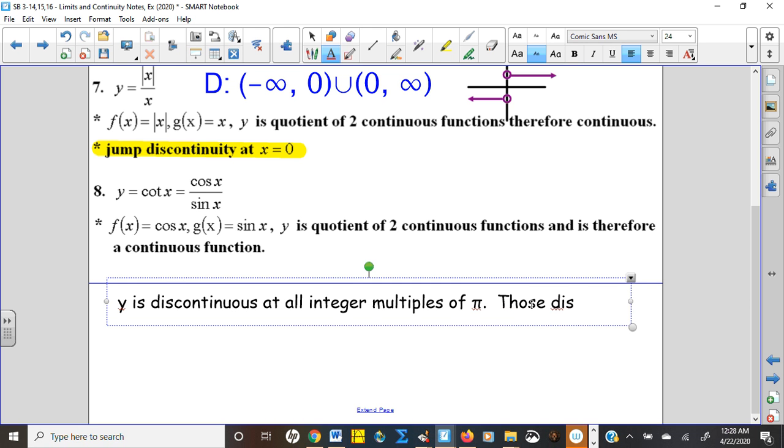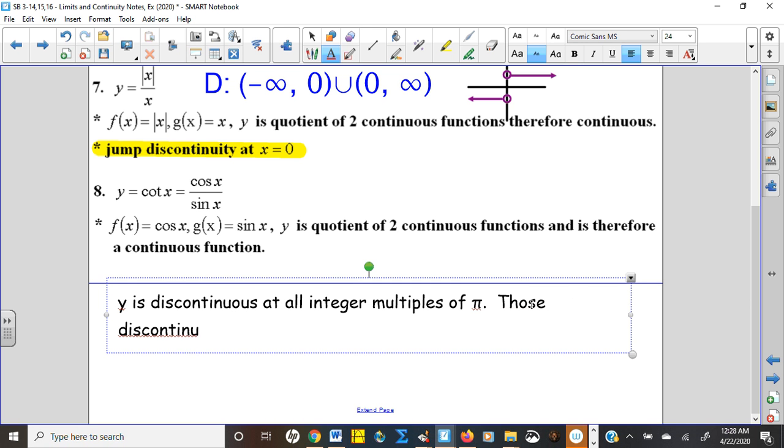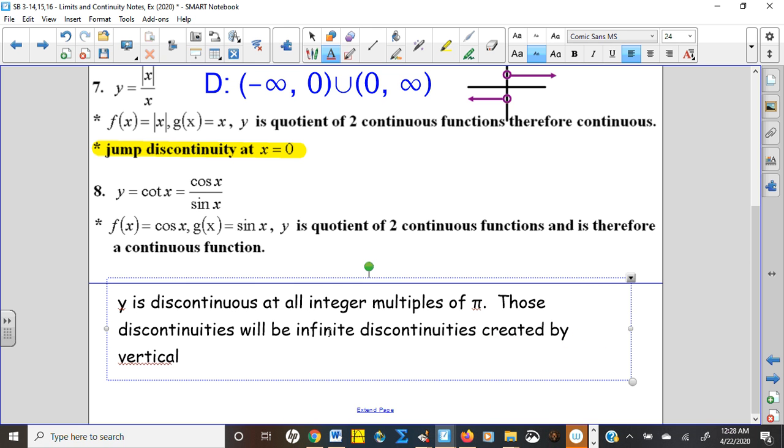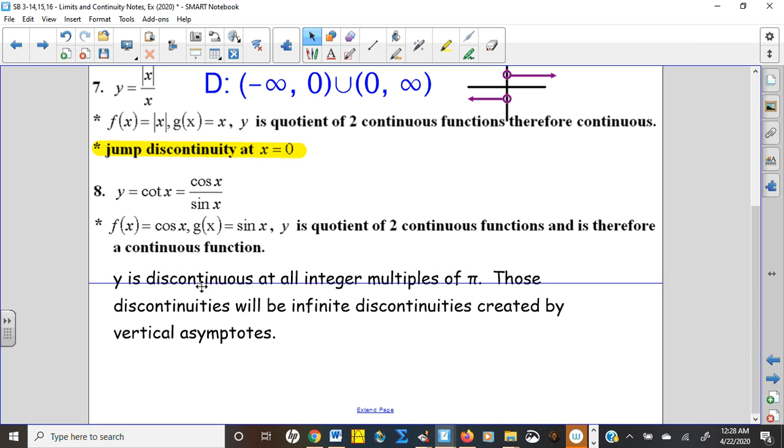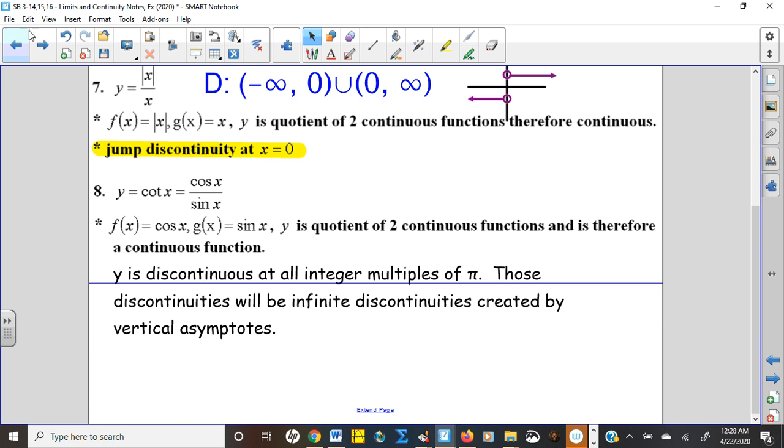Those discontinuities will be infinite discontinuities created by vertical asymptotes. So there's what should have been left there as far as the answer to the actual question.